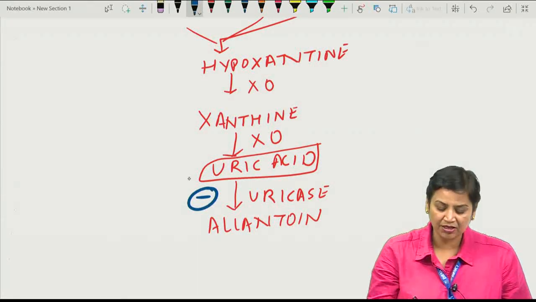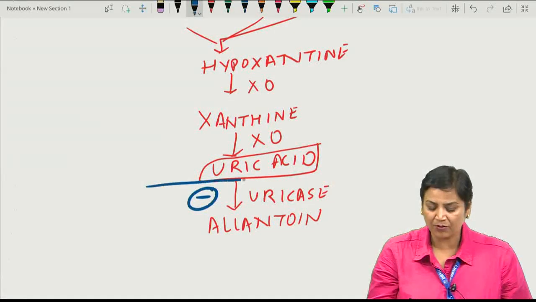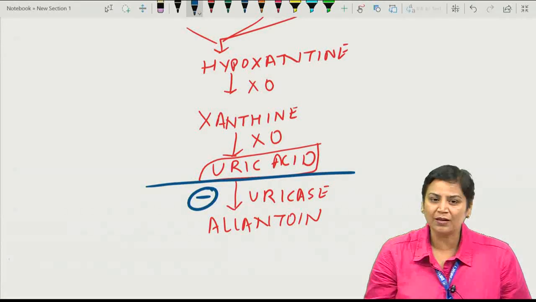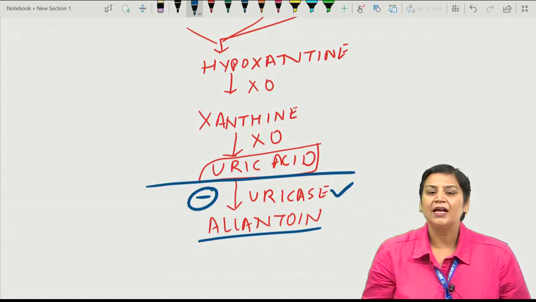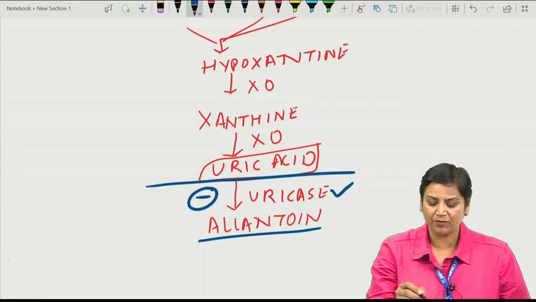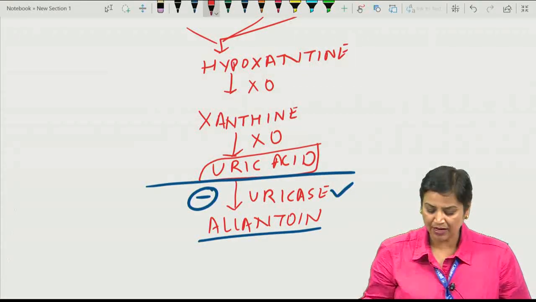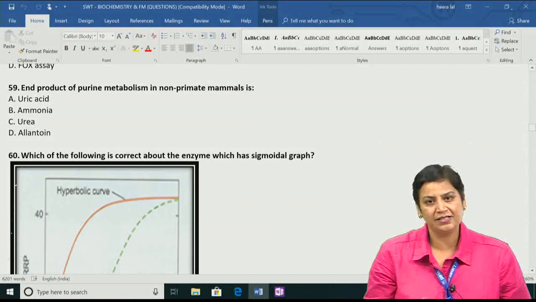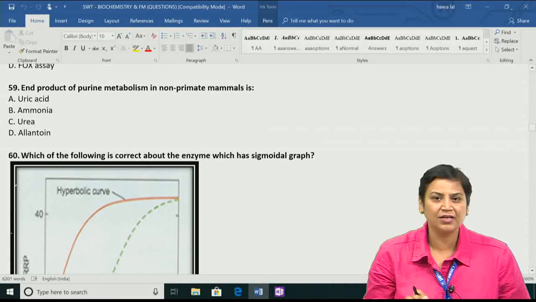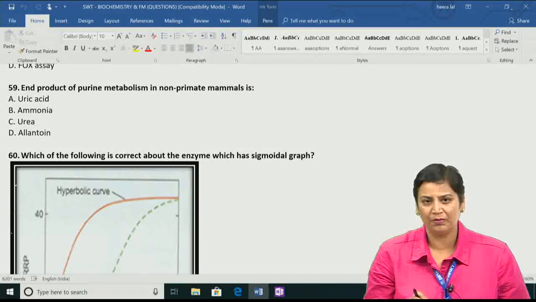So purine degradation completes till the formation of uric acid. But in non-primates, due to the presence of this uricase enzyme, allantoin is the end product of purine catabolism. So here the answer would be allantoin, that is D. And the enzyme deficient is uricase in human beings.